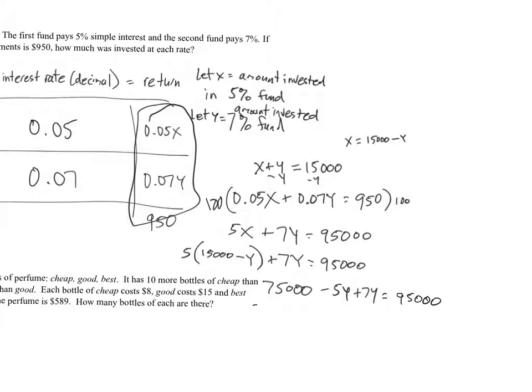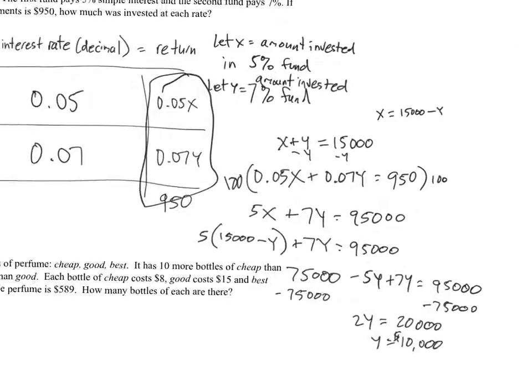Then we can subtract 75,000 from both sides. And negative 5y plus 7y is essentially 2y equals 20,000, right? So y equals 10,000.